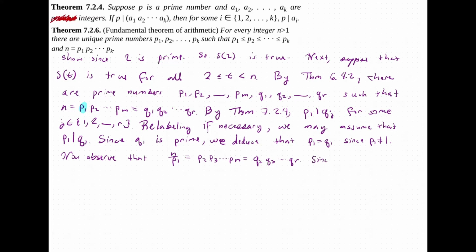Since P1 is greater than 1, since it is prime, we have that 2 is less than or equal to n over P sub 1, which is strictly less than n. But that means that our induction hypothesis does apply.